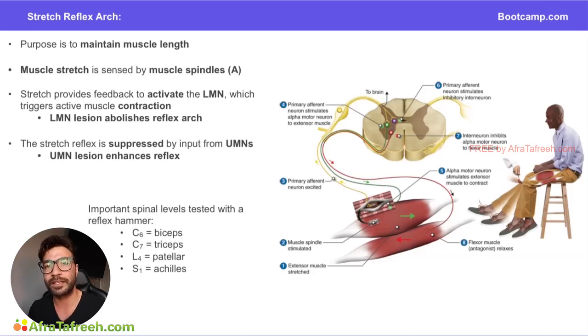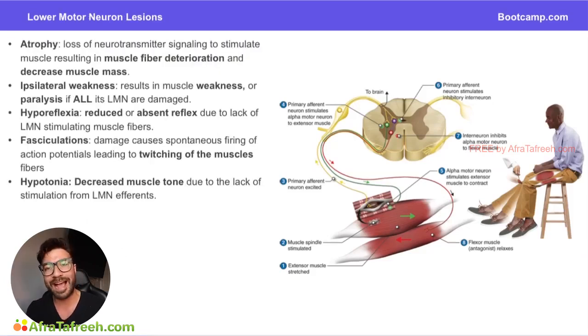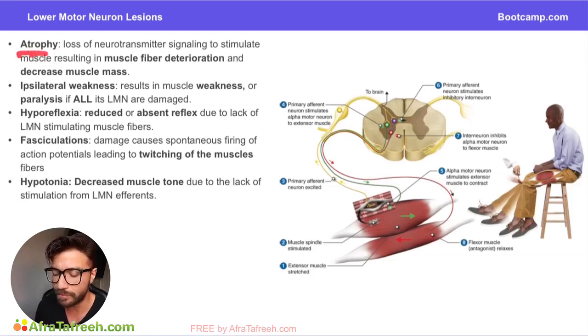So now let's take a look at the upper and lower motor neuron lesions and how they affect the reflex arc. So if we have a lower motor neuron lesion, because we have no more stimulus to that muscle, what we're going to see is atrophy. So we have a loss of neurotransmitter signaling to stimulate that muscle.